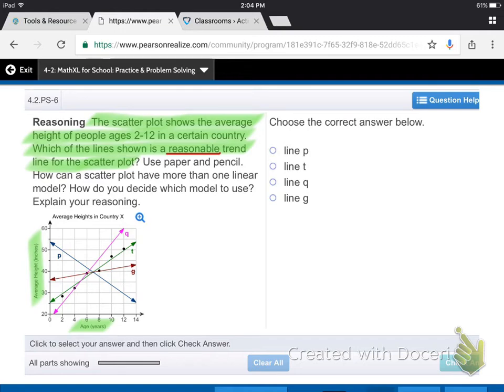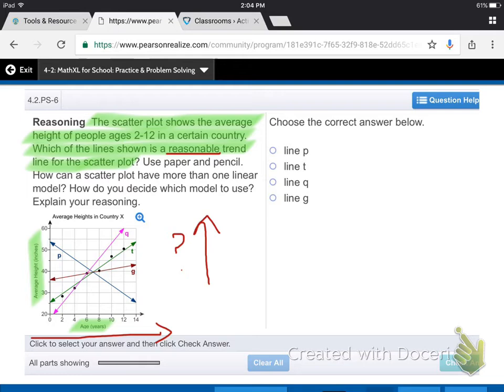As someone gets older, as their age increases, what is going to happen to their height? You can see that height is going to increase as age increases, so the line shows a positive association.